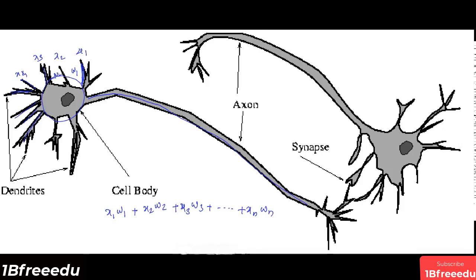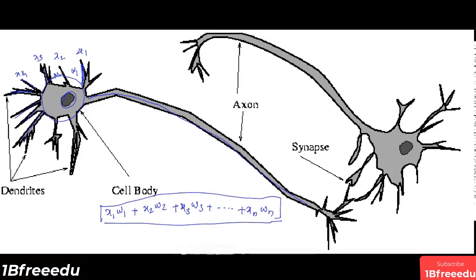Now the cell body, or the nucleus in this cell body, after multiplying and adding all these weights, checks if that total sum is greater than some threshold. If so, then this neuron produces an output in the form of an electrical signal, right?